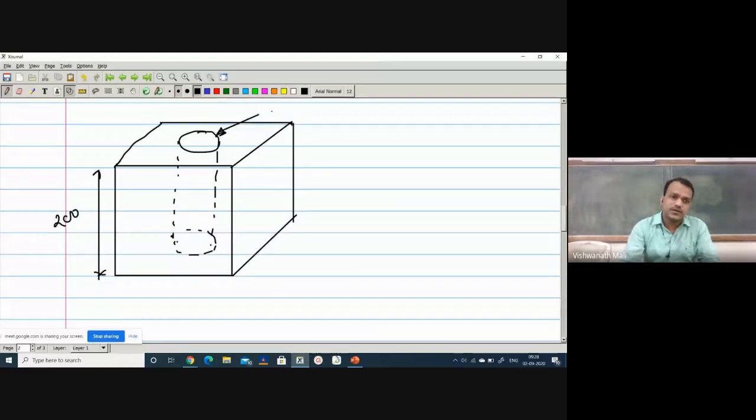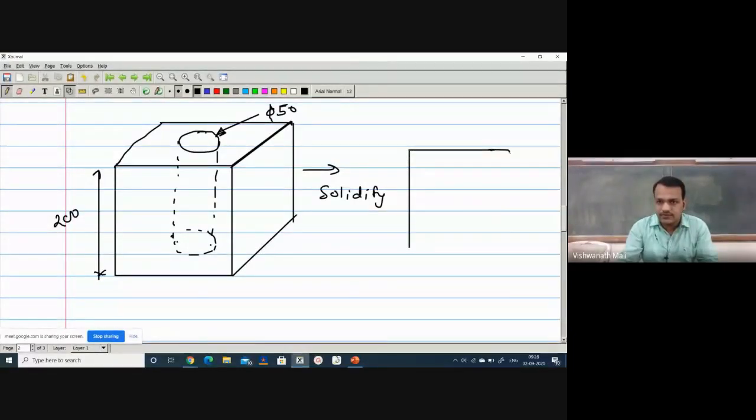And this hole is, suppose, of 50 mm. Now, when it solidifies, if suppose the pattern size is the same, what happens to these edges? What will happen with the dimension of the cube? Tell me.